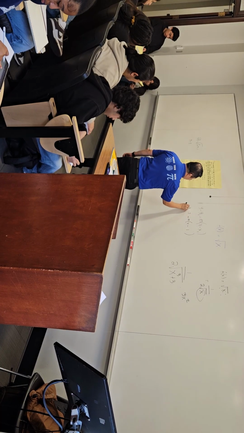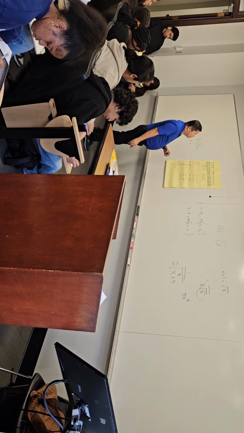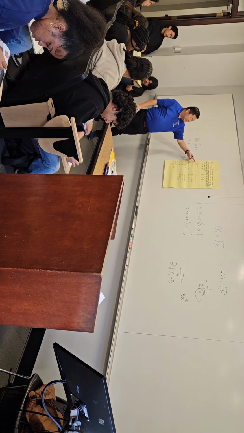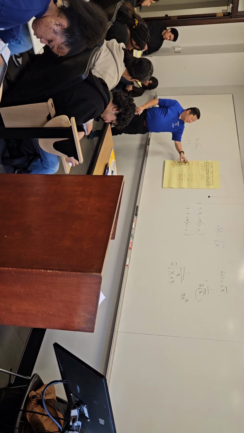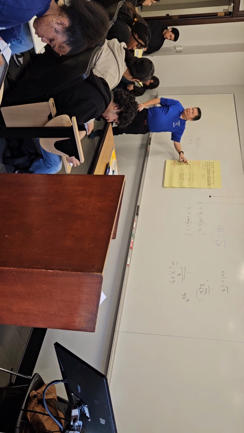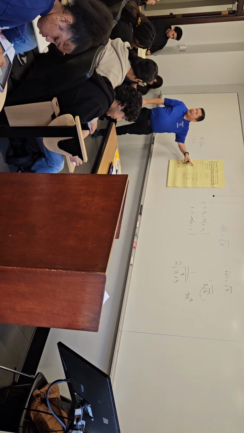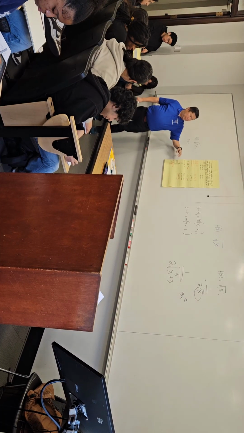Okay, so what's next? We're going to solve for the slope. Solving for slope, as I said, 1 over 2 times the square root of x cubed plus 3, then times 3x to the power of 2.